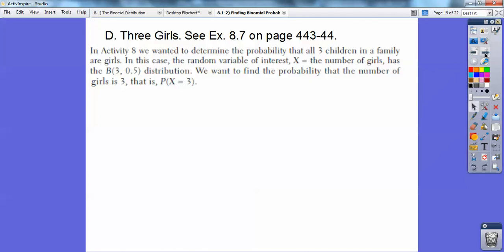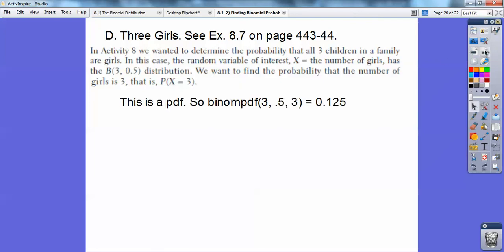The random variable of interest is x equals the number of girls. So we want the binomial distribution of 3 and 0.5, because it's 0.5 boys, 0.5 girls, 50-50. We want to find the probability that the number of girls is 3, that is, x equals 3.